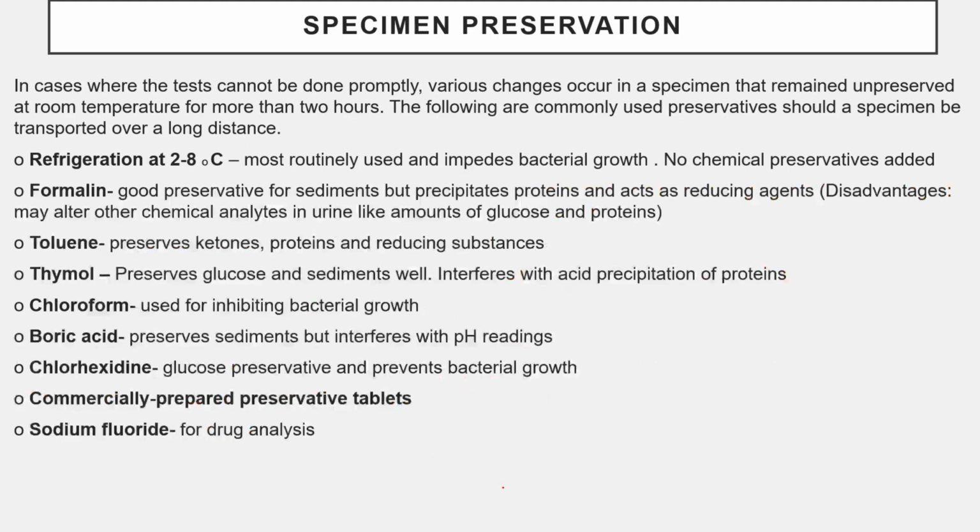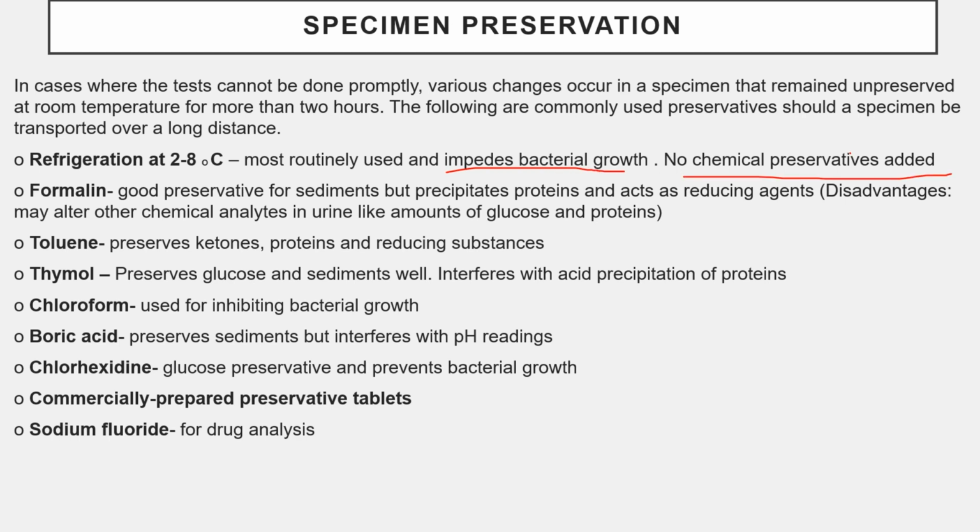Now, what are the ways to preserve your specimen, class? So in cases wherein the test cannot be done promptly and various changes would occur in a specimen that would be unpreserved, these are some of the commonly used preservatives, class. The most routinely used, class, is refrigeration at 2 to 8 degrees centigrade. So refrigeration would impede bacterial growth.